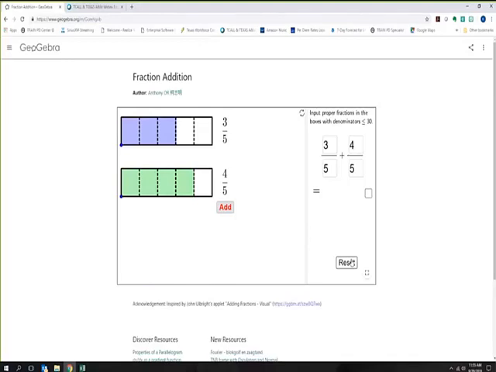Let me see if I have it. This one, do you remember this one? It showed the decimal and the percents. So that one, area models for improper fractions, was another activity to do that.